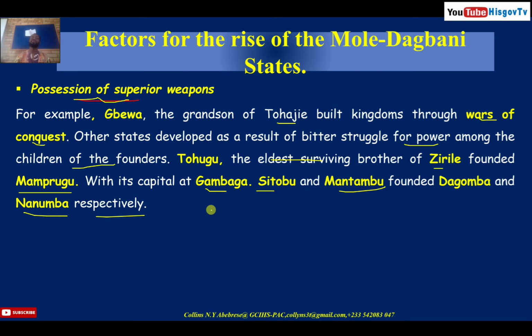So the indigenous people that these invaders, Tohogu and his people, Bewa and his, of course, Tohaji and his grandchildren and people came to meet, were using less superior weapons like bow and arrow, and like the Tapulinsi, the Talansi, those indigenous tribes that these invaders came to meet were not a battle-like state.